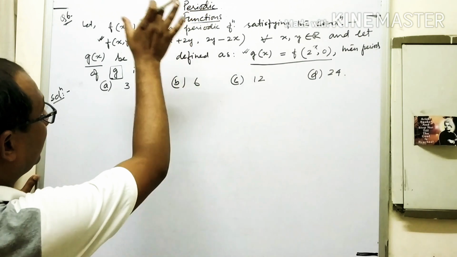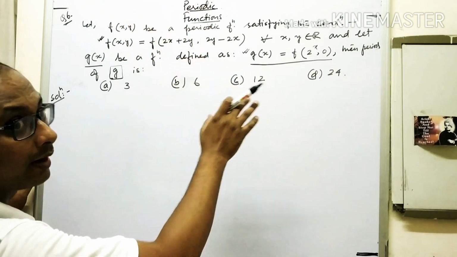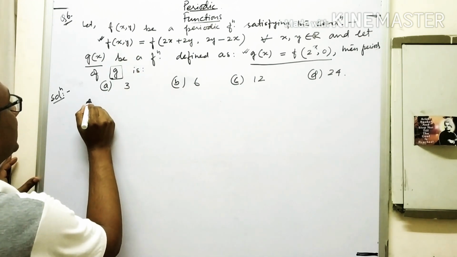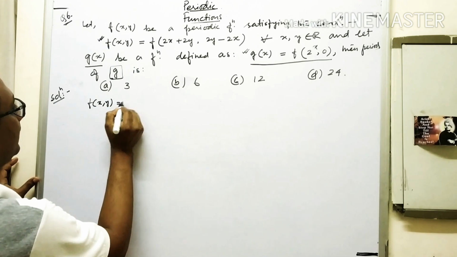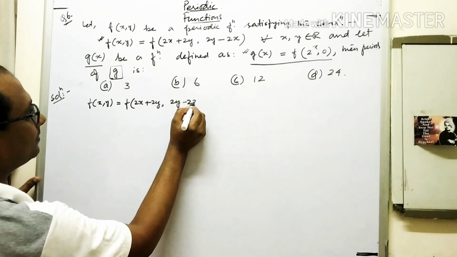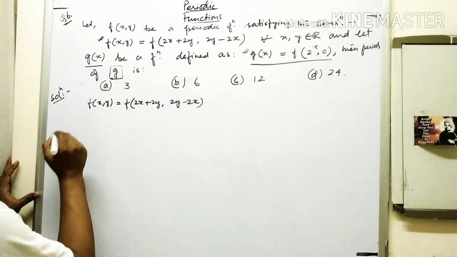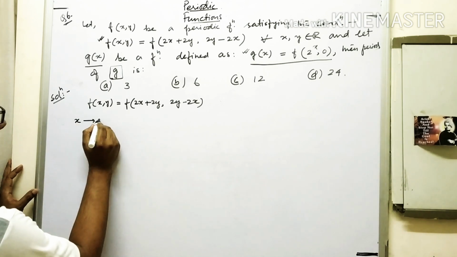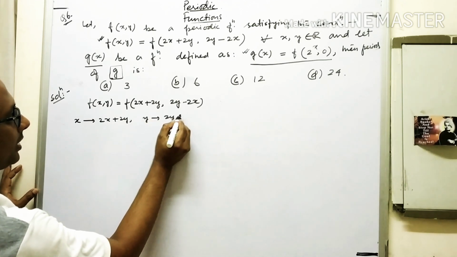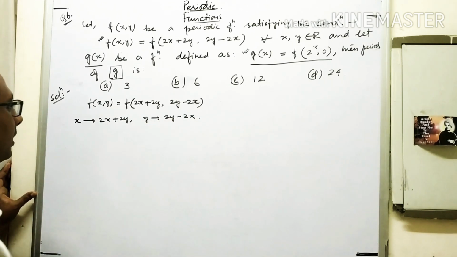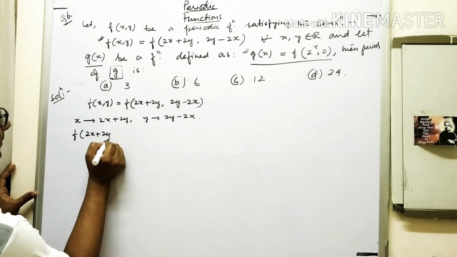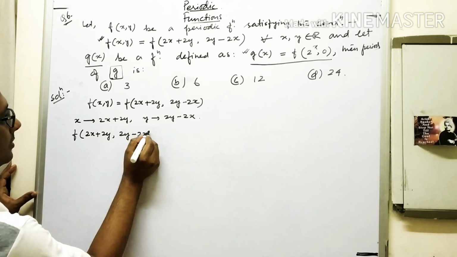Because f is given to be periodic, and we have to find out the period of z, right? So we'll start with this: f of (x, y) is f of (2x plus 2y, 2y minus 2x). Okay, so we'll replace x by 2x plus 2y and y by 2y minus 2x, and we'll check what we get. f of (2x plus 2y, 2y minus 2x).